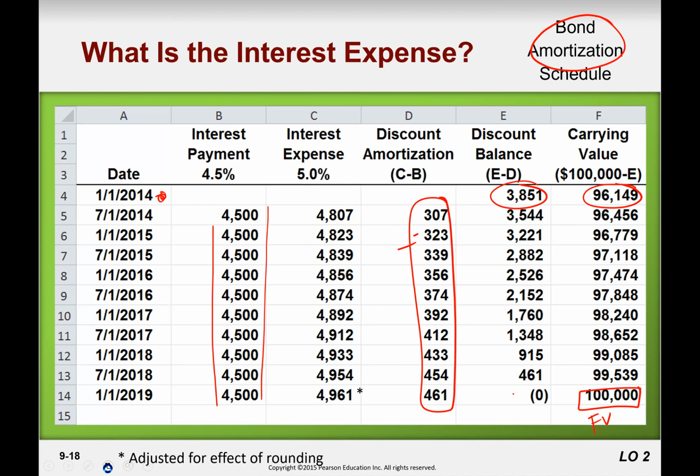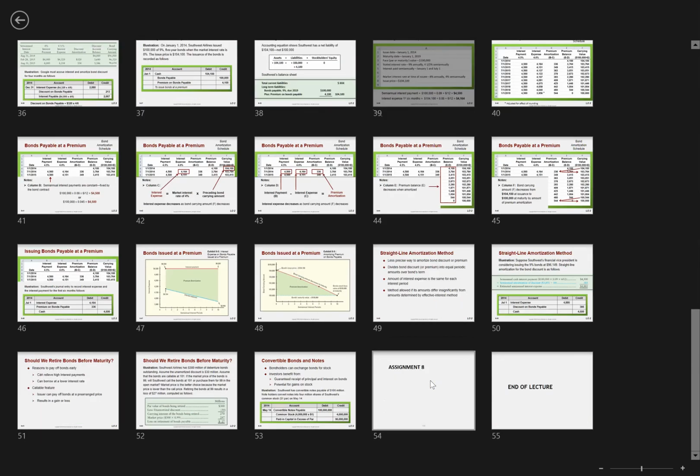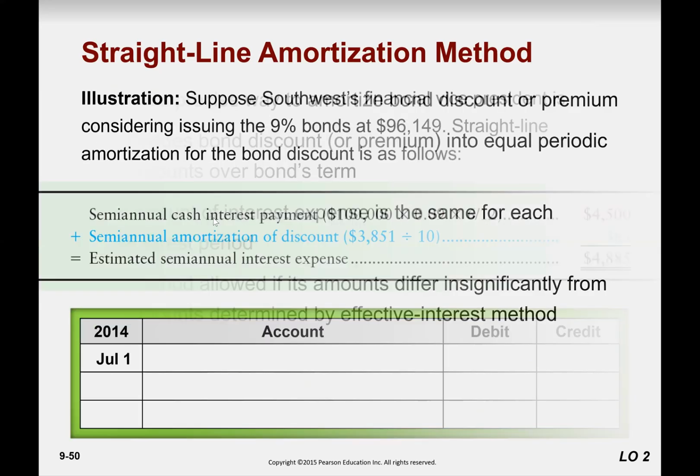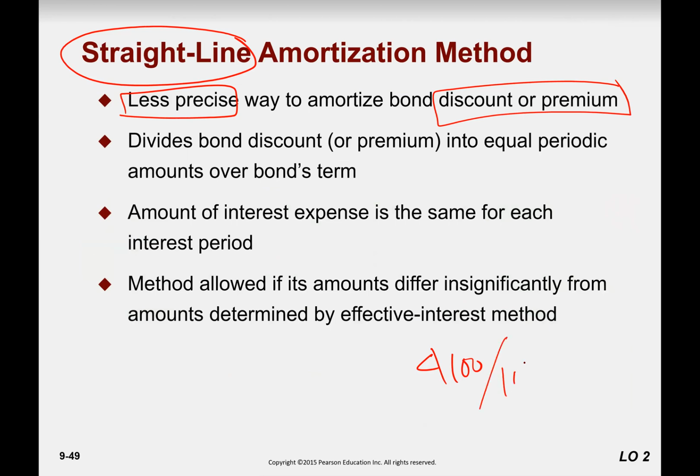So the idea is, why not we just retire it on straight line method. So straight line method is less precise, used for small companies. It is a less precise way to amortize bond discount or premium. All you need to do, there are 10 payments, so you divide it.